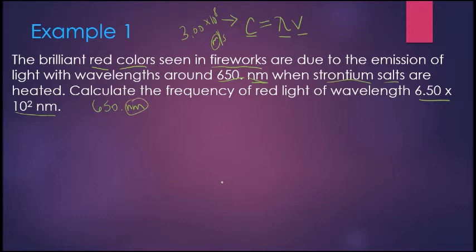I cannot directly plug it in because they're not of the same unit. So I need to convert this into meters before I can plug it into the equation. So I'm going to take my nanometers, diagonal them down, and go to meters. Does anybody remember the conversion between base unit and nano?